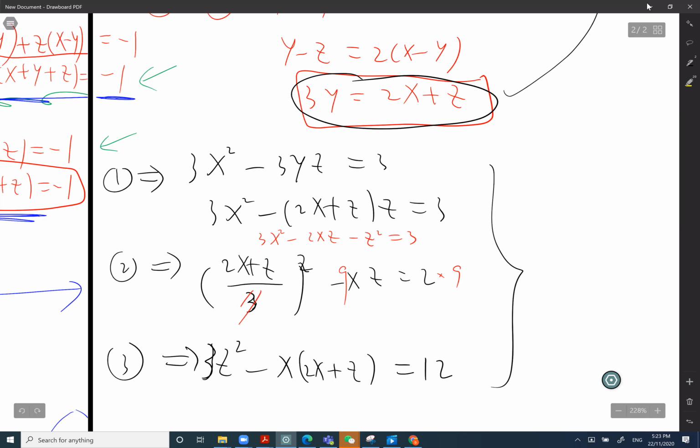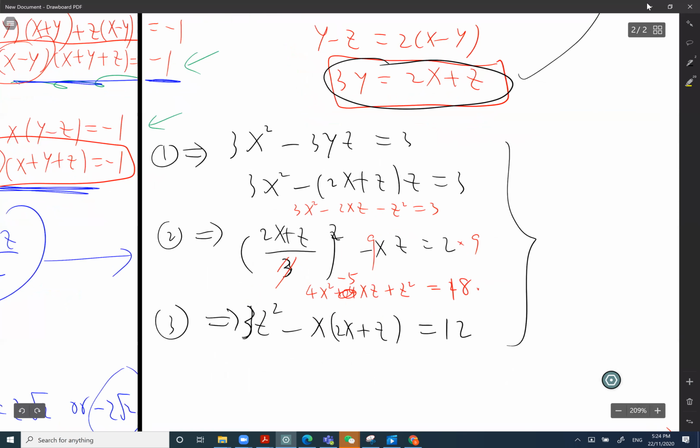So we got 4x squared plus 4xz plus z squared minus 5, 18. Next one should be equivalent to the first two. 3z squared minus 2x squared minus xz equals 12.